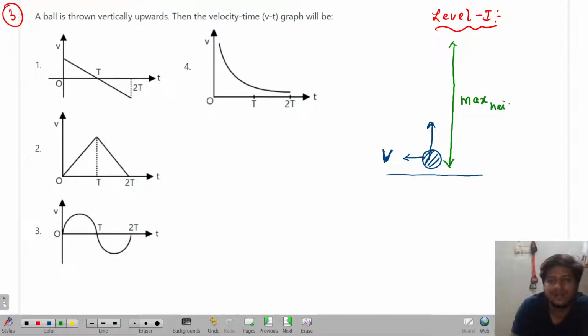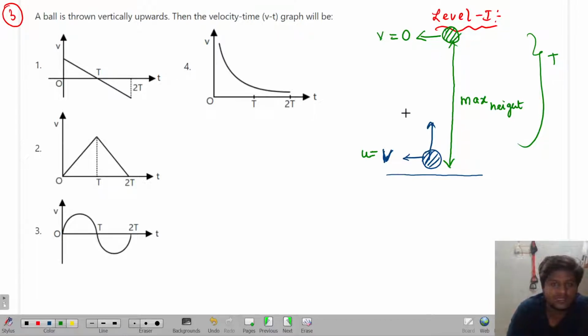At the point of maximum height, the ball stops over here. This is my initial velocity and this is my final velocity. The velocity becomes zero at the maximum height. That means for the total time of travel in the upward motion, after time t, the velocity becomes zero.